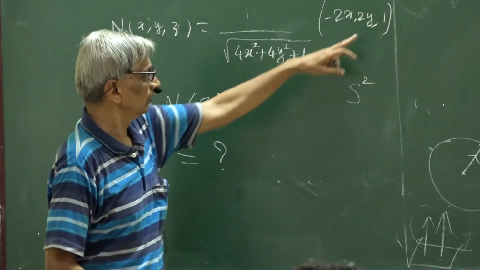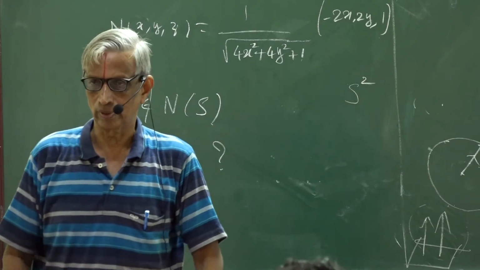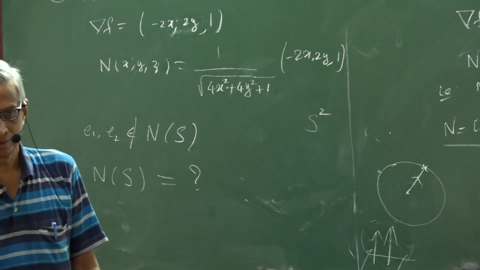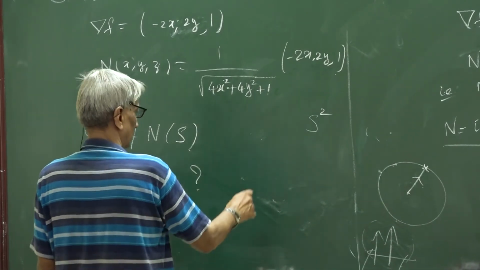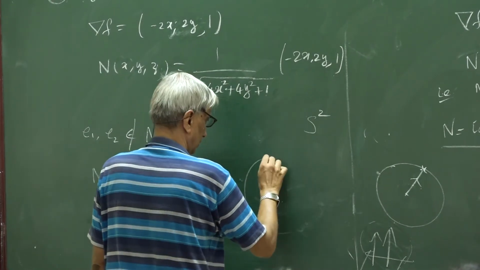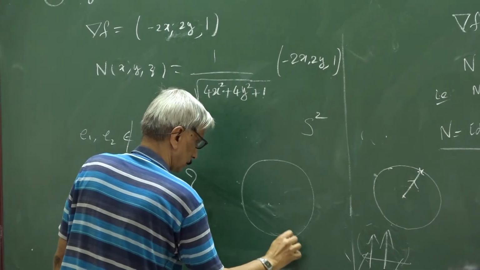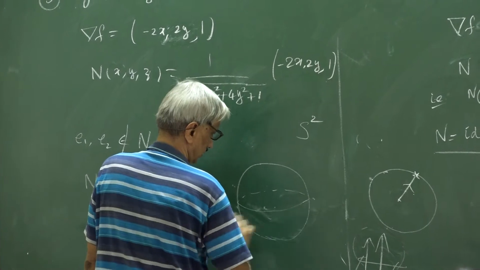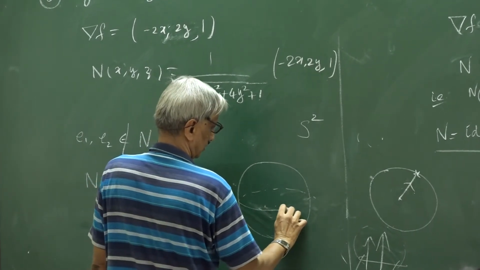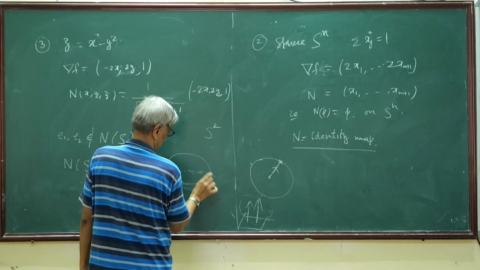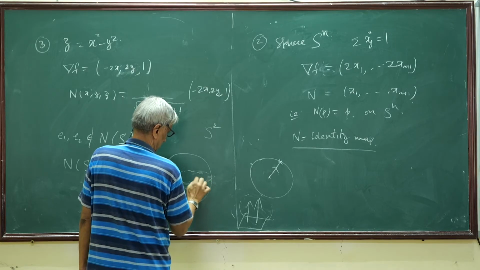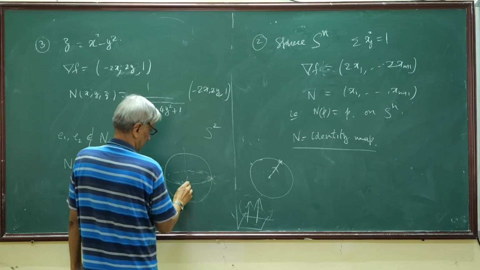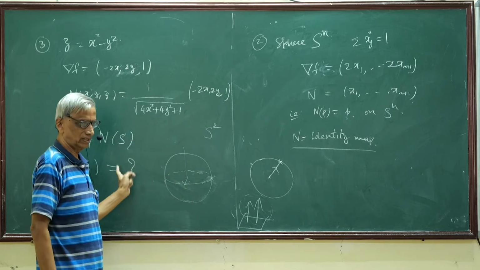So what is the set of all such points? So these points are not there, already we have mentioned.